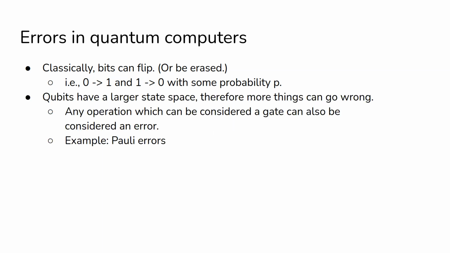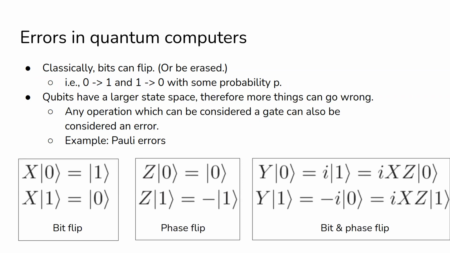With quantum computers, like I said, anything that you can consider a gate, you can also consider an error. So not only do we have bit flips, which we do, that's sort of manifest with Pauli Z. We also have phase flips. And then, even more fun, we have bit and phase flips.